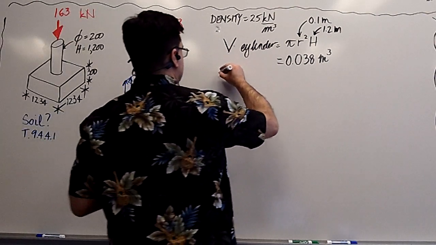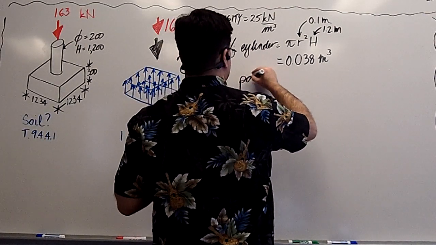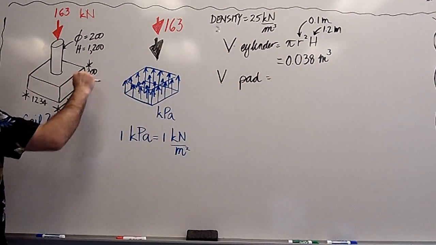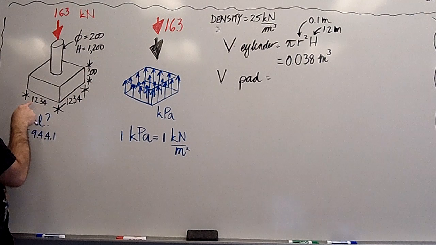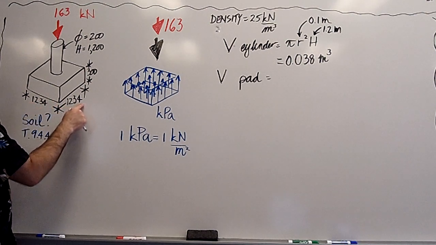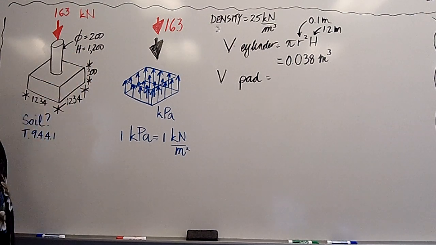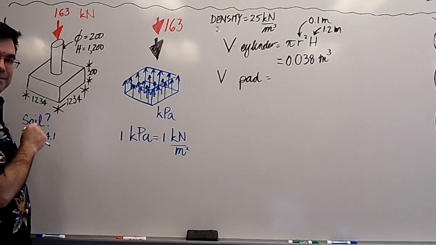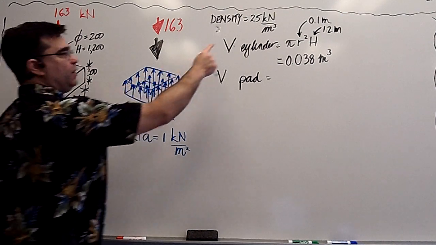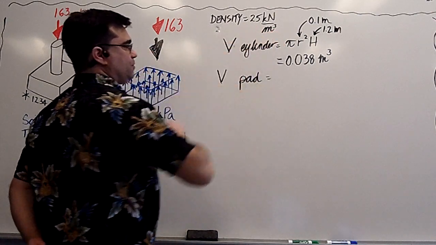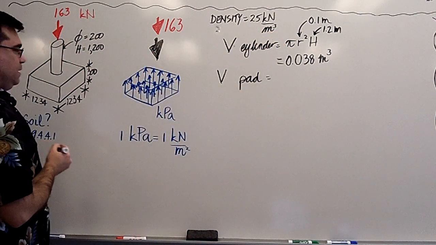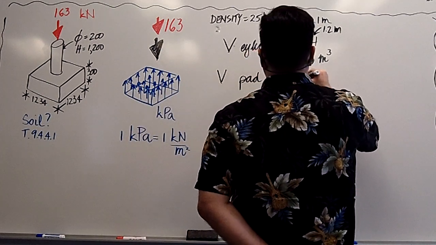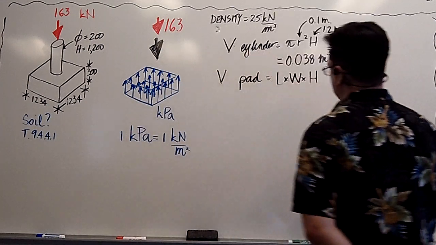Okay, the volume of that pad is going to be the area times the height. So this dimension times that dimension times that dimension. Again, I'm going to think ahead and use these dimensions in meters, right? Because I want to multiply by this. This has meters here, so meters. So again, that's going to be length times width times height, or depth.